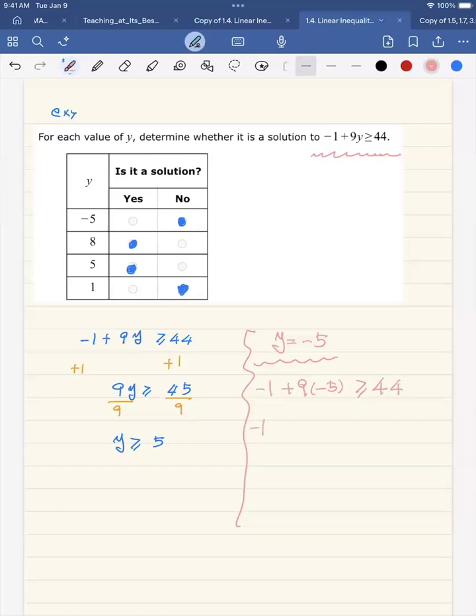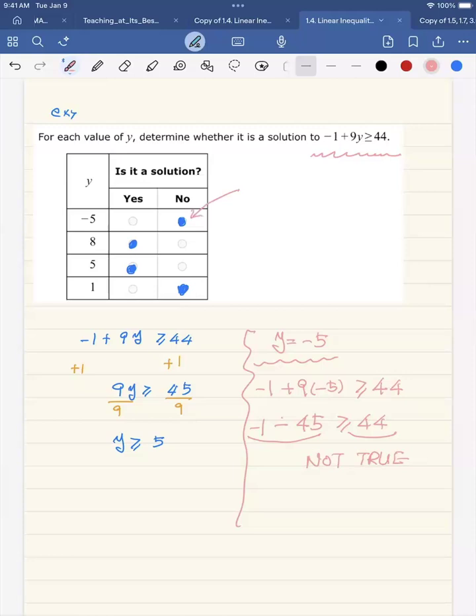That's -1 minus 45 greater than or equal to 44. That is not true because this one is negative, this one is positive. So the answer is no.